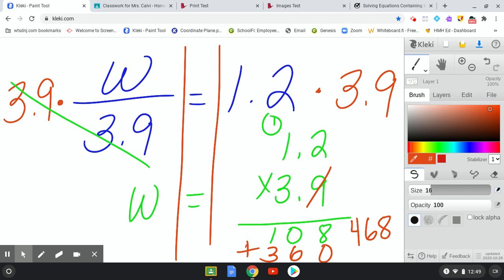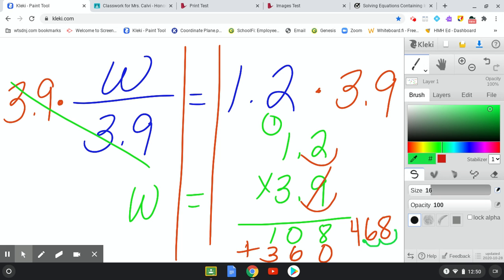Now don't forget, when we figure out where the decimal goes in multiplication, we count scoops. You do not bring it right down. Do not bring your decimal straight down. That is only for addition and subtraction. Okay, so here we need to count scoops. 1, 2 scoops. So from the end of my answer, 2 scoops.